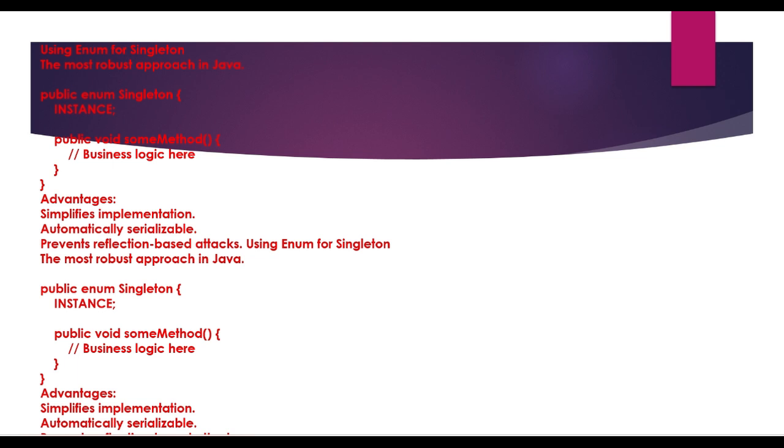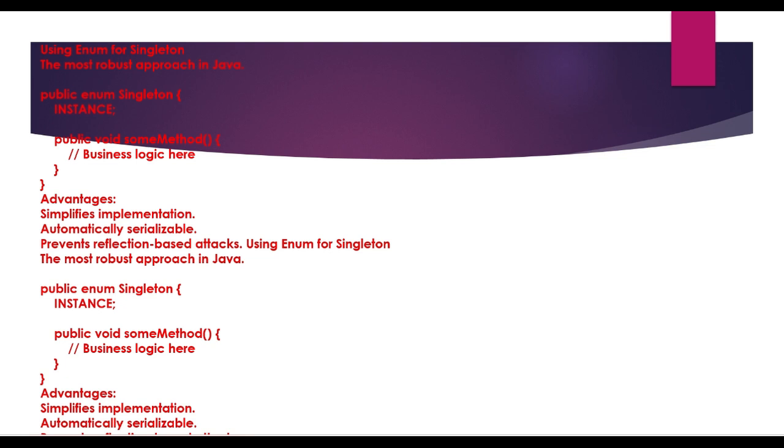It will not allow you to create another instance even if you go via reflection. With reflection, you can break a singleton by making your private constructor public and then creating that instance. That is the internal reflection API feature provided by the JVM, Java.